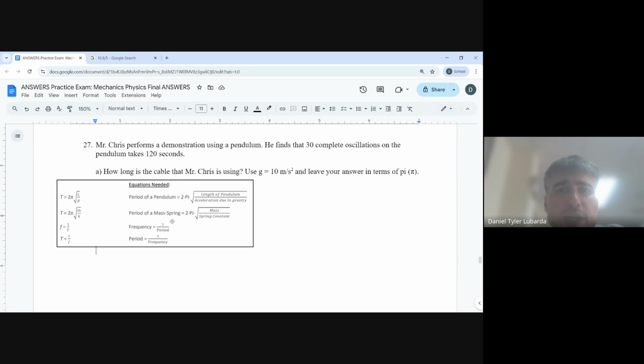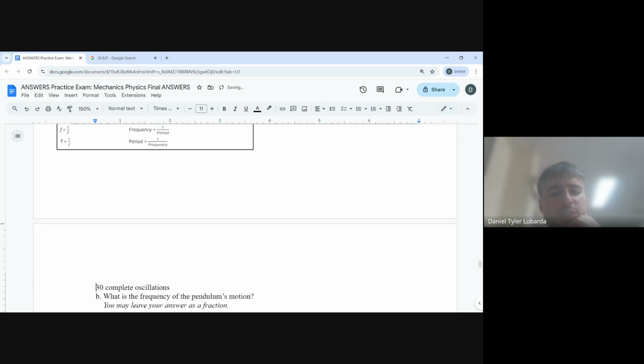How long does it take to do one complete oscillation? Well, it tells us it does 30 complete oscillations. Okay. And how long does that take? That takes 120 seconds. So what should we do with that 120 seconds?